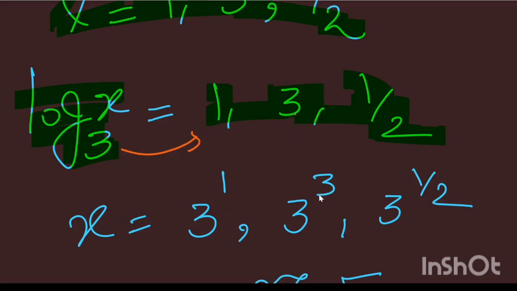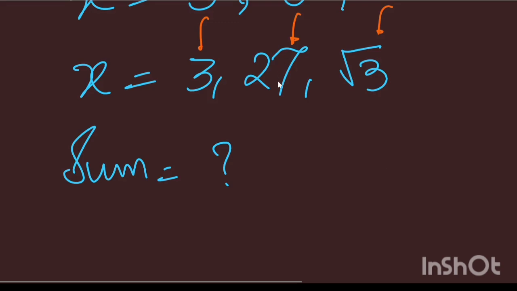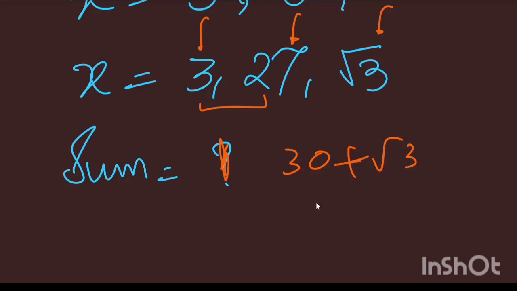It will push 3, it becomes 3 to the power 3. It will push half, it becomes 3 to the power half. So the three roots are 3 to the power 1, 3 cube and root 3, and the sum of these three would be 3 plus 27, which is 30 plus root 3, would be our final answer, guys.